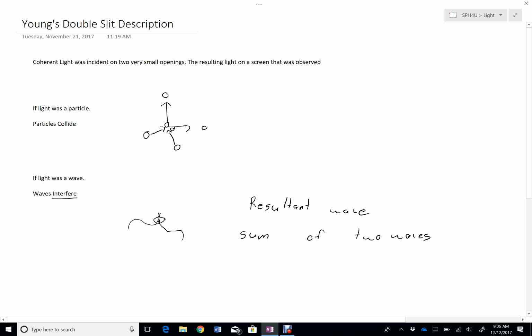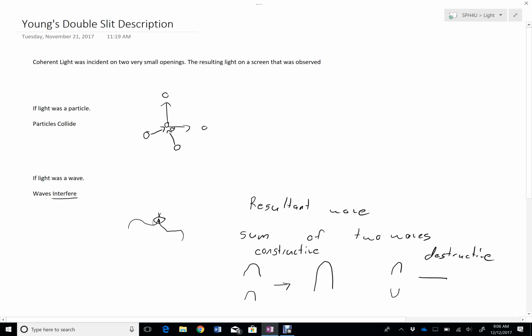So they either bang off each other or they combine. If one wave was up and the other wave was up, we'd get a very up wave. If one wave was up and the other wave was down, we'd get no wave. We call this constructive interference, and we call this destructive interference. This constructs a bigger wave, and this destroys the wave.